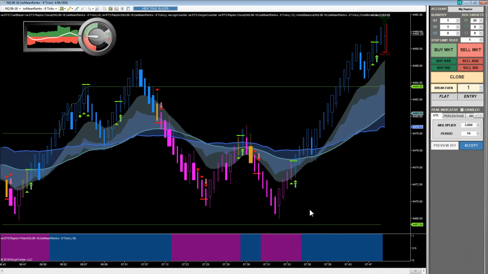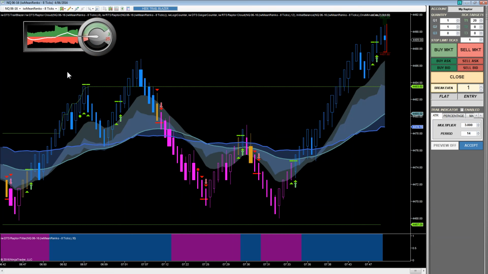Yeah, the Raptor should have given us a cloud crossover here as well. So nice little buying spike there on the histogram there for the Geiger counter.